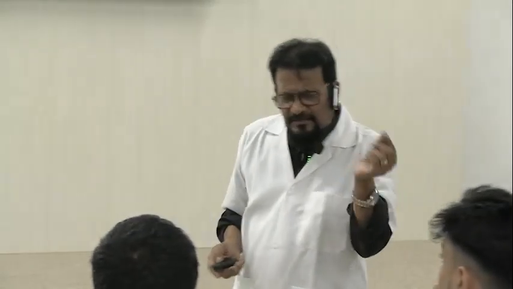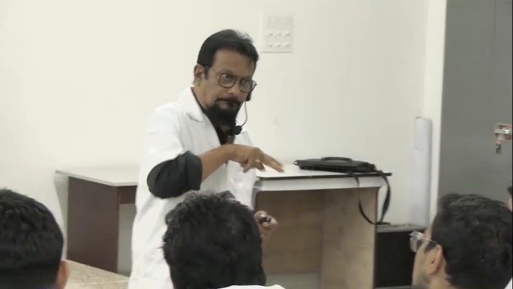But the case is a little different in chronic hemorrhage. Chronic hemorrhage means there is continuous release of blood in small amounts. For example, somebody having a peptic ulcer, from where some blood is coming out. It may happen in piles, for those who have piles.